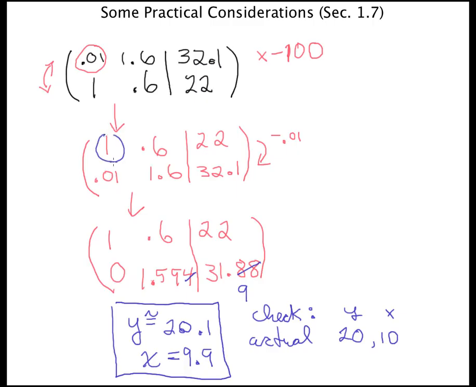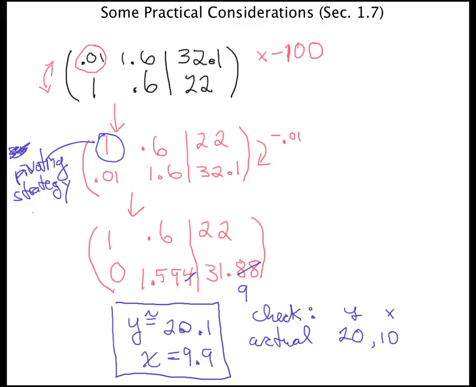So the smart way to pivot is to always permute your rows so that the largest number is your pivot.